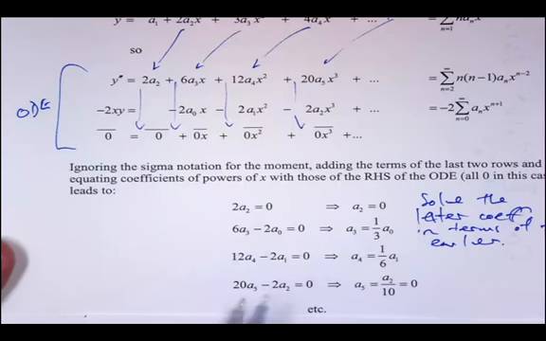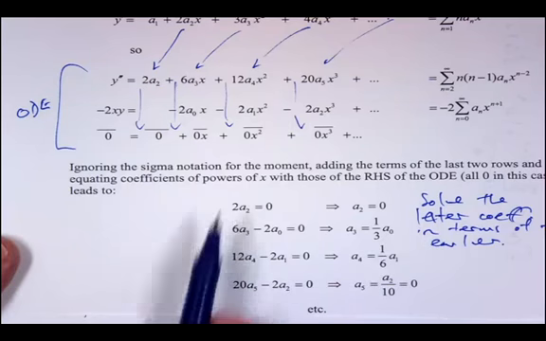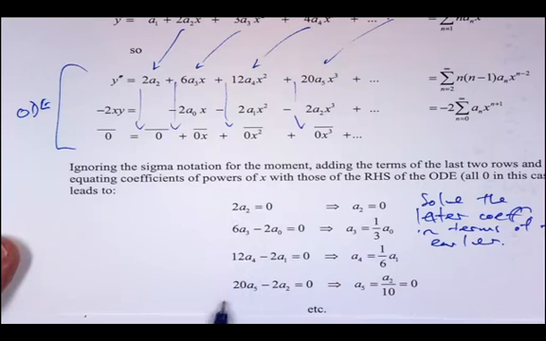We could even, just by following the pattern, write out what the next one is. So you can see that this is 2 times 1, 3 times 2, 4 times 3, 5 times 4. So the next one, just following the pattern, is going to be, instead of 5 times 4, 6 times 5. So 30 A6 minus 2 A3 equals 0 will be the next equation along there.